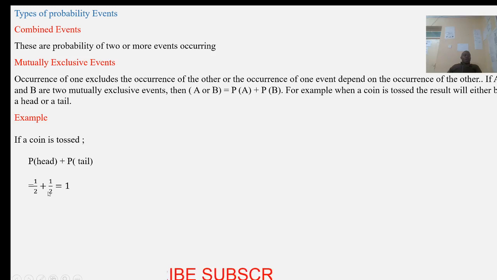Because we use the term or, we add the two, and a half plus a half is 1. The probability of a head is a half, and the probability of a tail is a half. Note that if or is used, then we add.